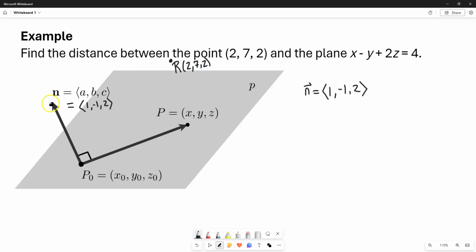Now what's beautiful about the normal vector and the idea that vectors are in equivalent classes is that this normal vector can be moved such that it is coming out of another point on the plane. So we basically move the initial end of the normal vector and send it passing through R in this case.